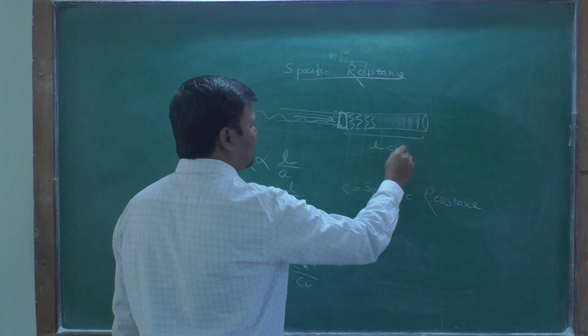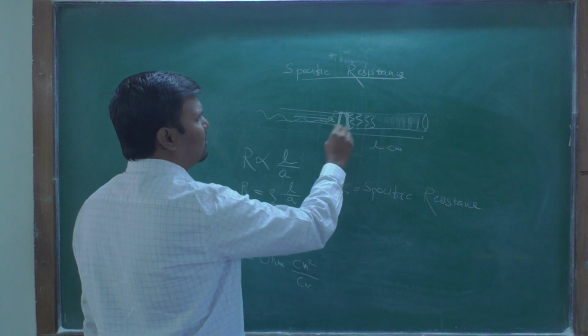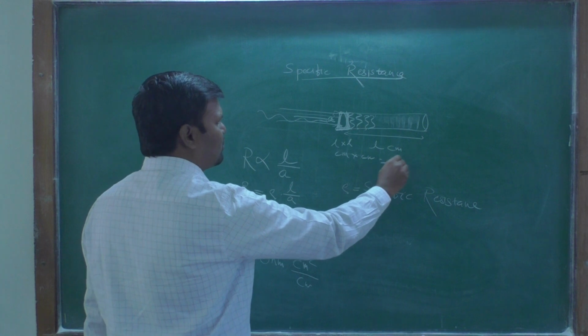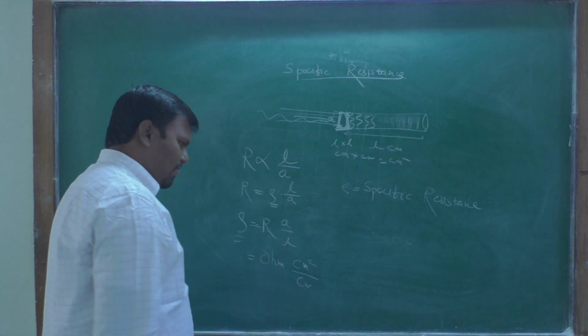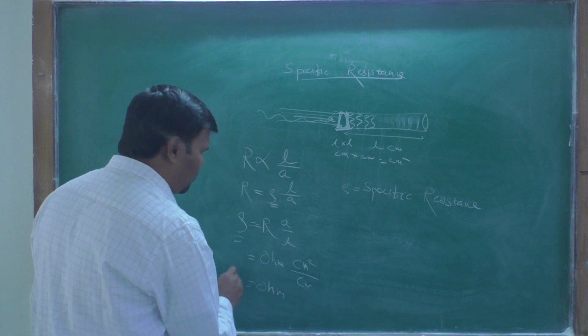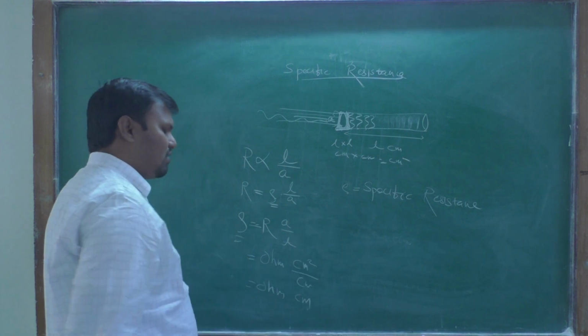Length is always measured in centimeter, and area is length into length, so centimeter square. Therefore rho is ohm, with the centimeter square cancelled by the length, giving ohm centimeter.